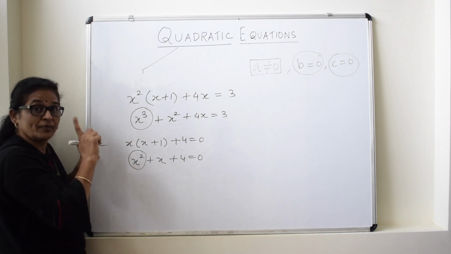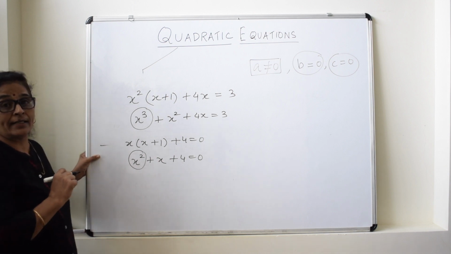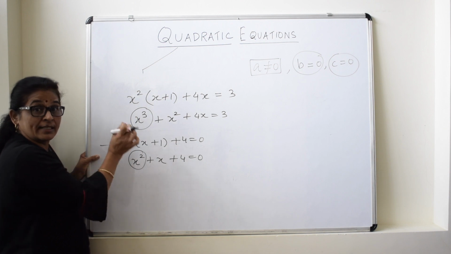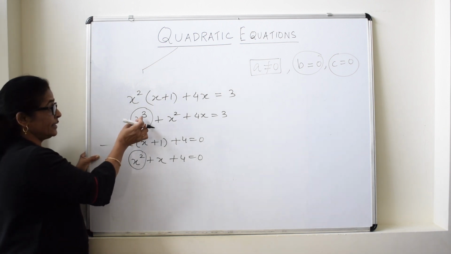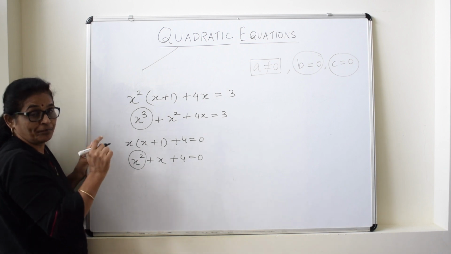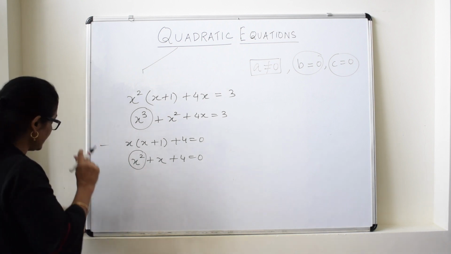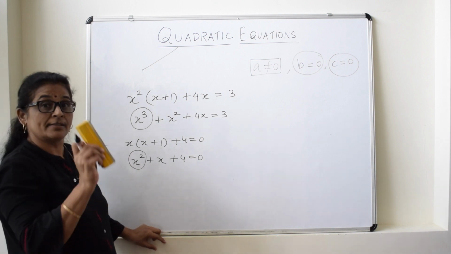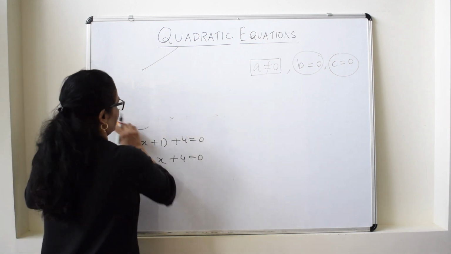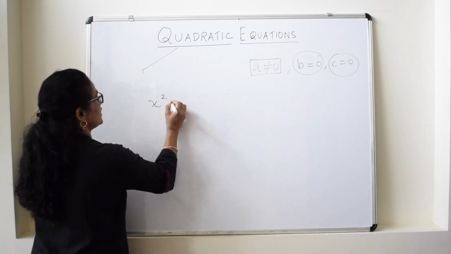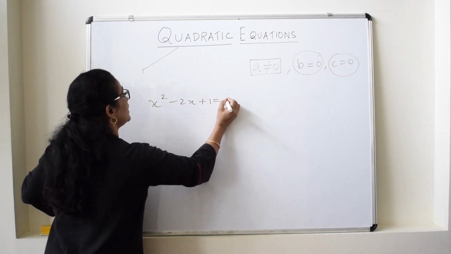The first thing, whenever you are getting an equation, you have to simplify further to see the degree, or you can say the maximum power of the variable should be 2. So first check whether it is a quadratic equation or not, and then you have to write it in the standard form.